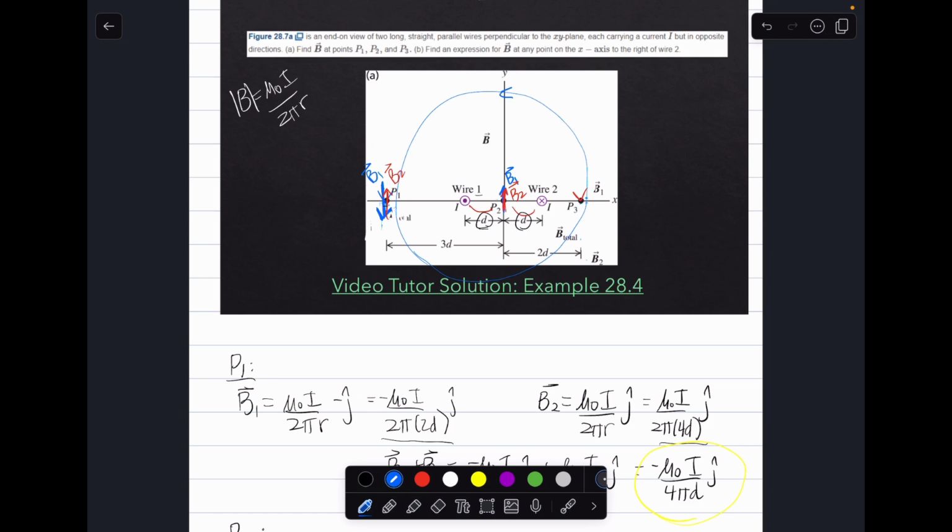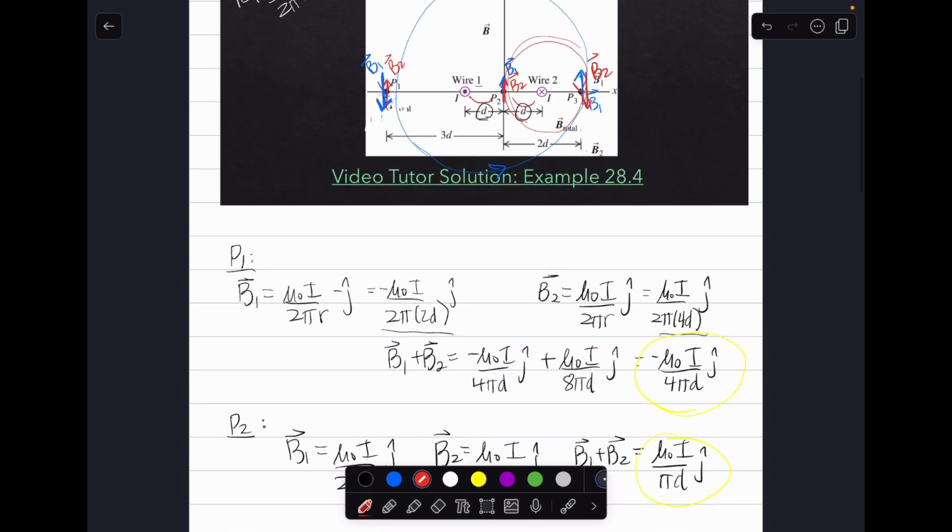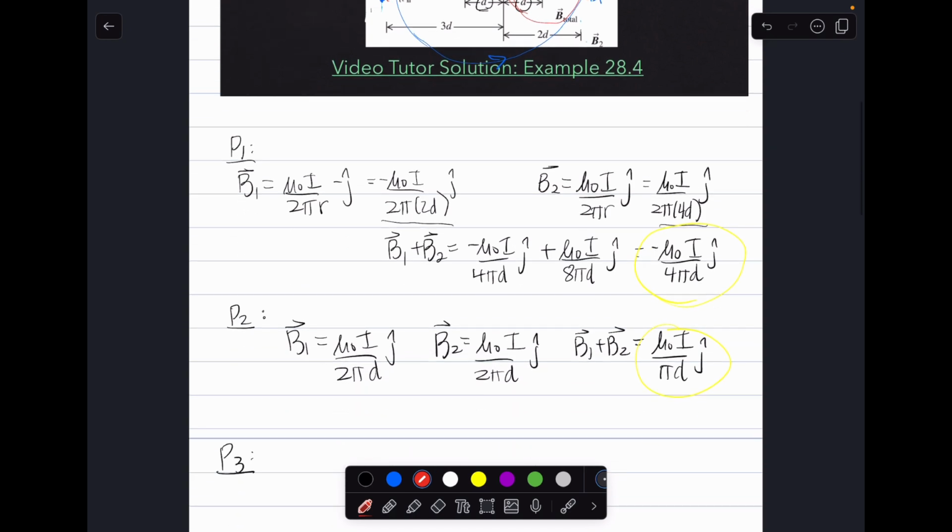So if I draw my little counterclockwise arrows, I get an up right here. So B1 is up. What about B2? Draw a circle centered around wire 2, radius P3, okay? And thumb pointing into the board, fingers naturally curling clockwise, so I have a down for B2. So B1 positive, B2 negative.